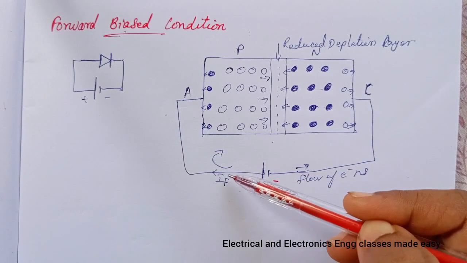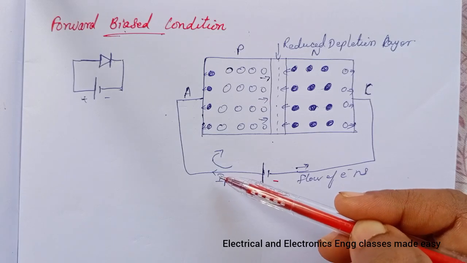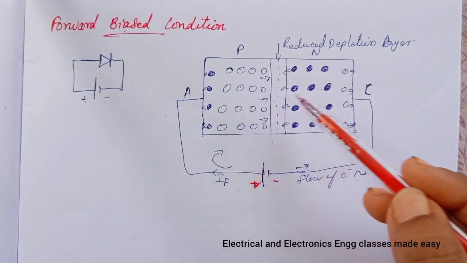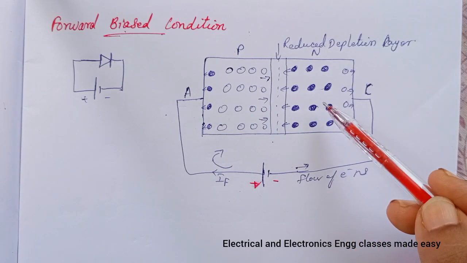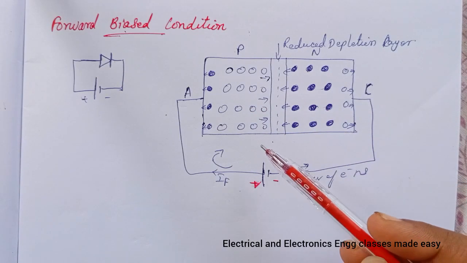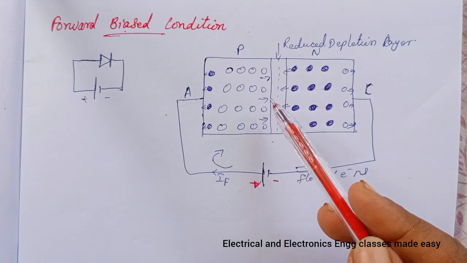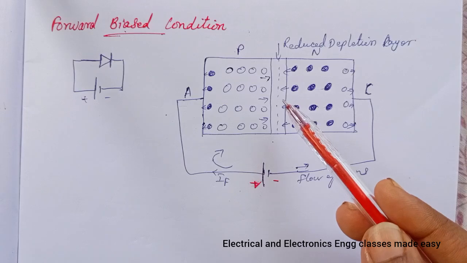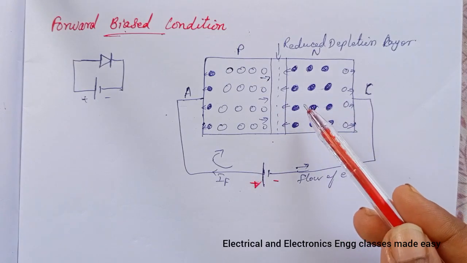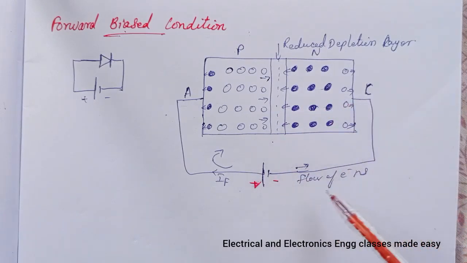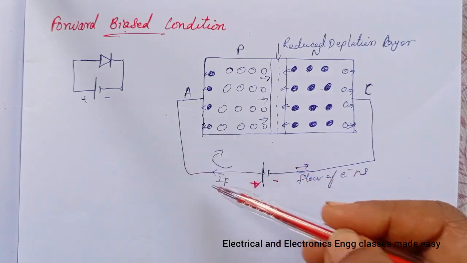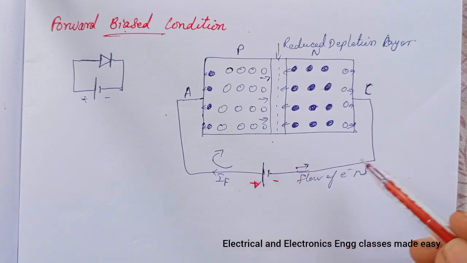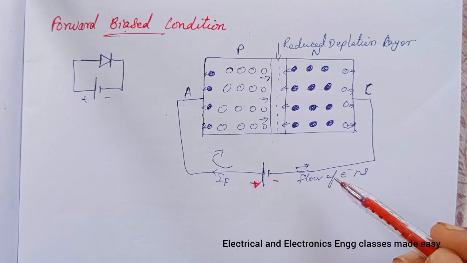And the forward current IF is due to the movement of holes in the P region and electrons in the N region, and also the current due to holes and electrons flow inside the PN junction diode, but in the external circuit the current is only due to the motion of electrons.